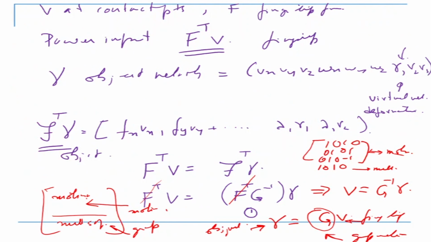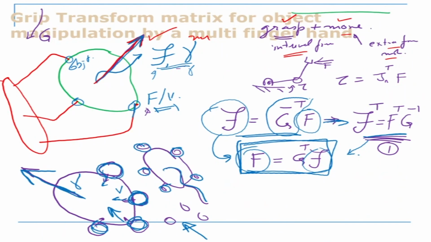Now let me explain what we are doing. We are saying that this is applying a force and it has a particular velocity v. So force is F, velocity is v. So it is imparting energy into the object. The sum of all the energies imparted will be converted into the energy of the gross motion of the object.